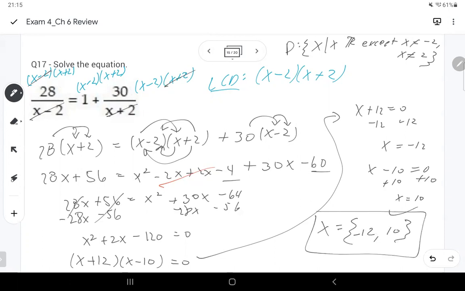And we keep both of those because neither one is -2 or 2, though in all reality, you should check.